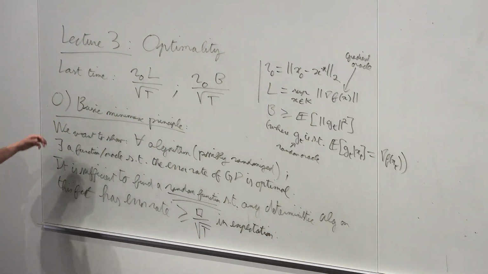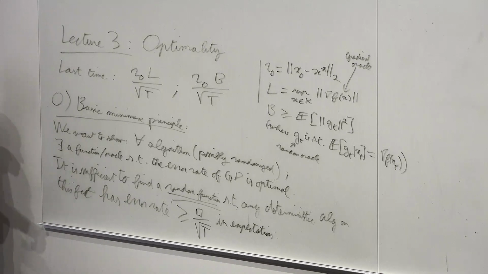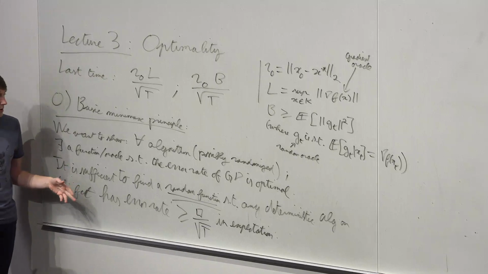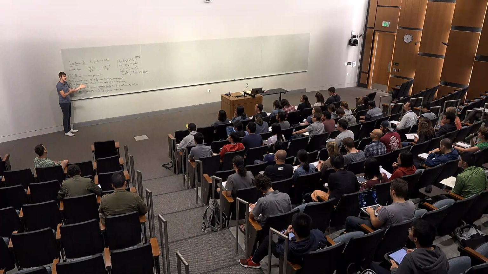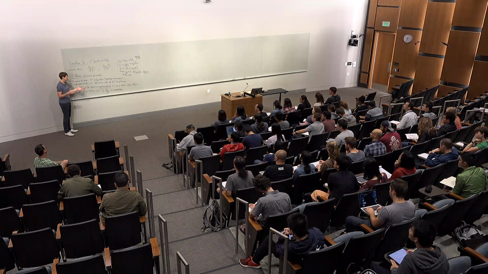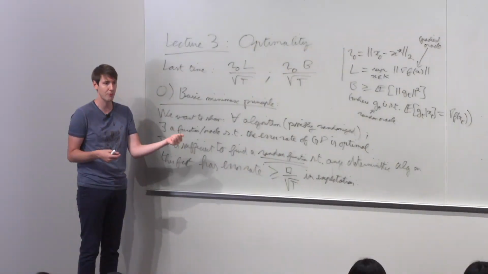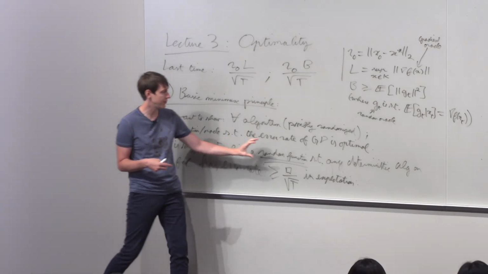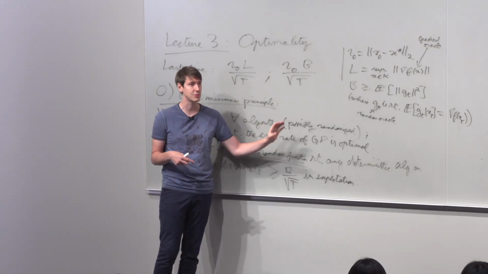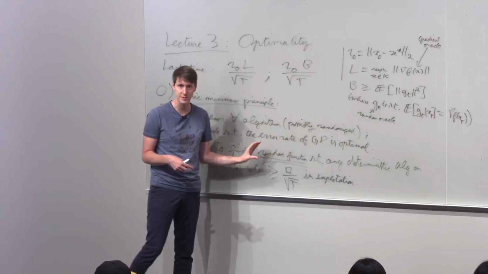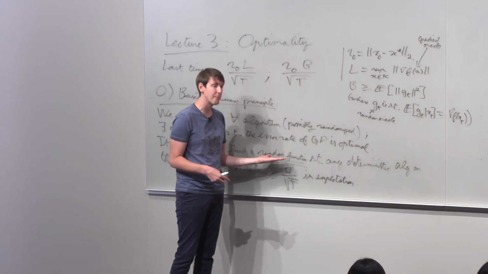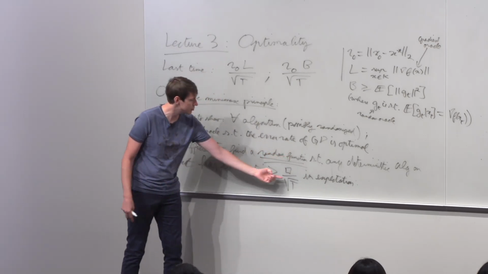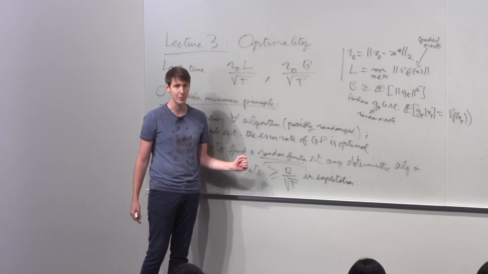So instead of fixing an algorithm and then trying to find a function, I reduce my problem to just finding a very difficult random function. You know the distribution of this function, but you don't know exactly what function I'm going to sample from this distribution. You can think, I know the distribution, I can come up with an algorithm that depends on this distribution, but then if I run my deterministic algorithm on a sample from this random function, I cannot get better in expectation than this error rate.